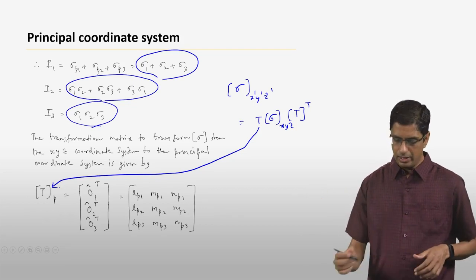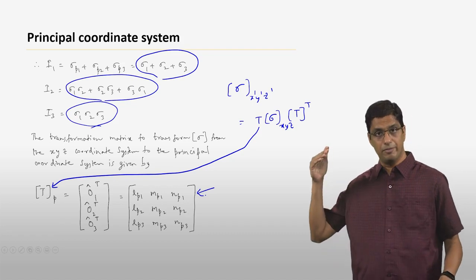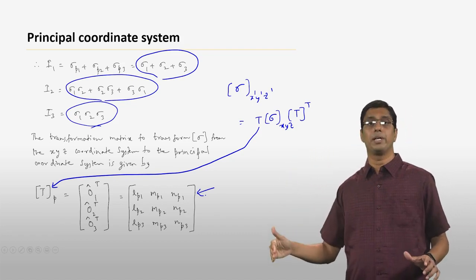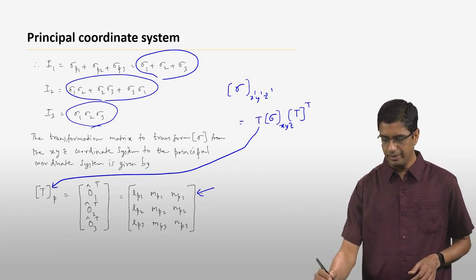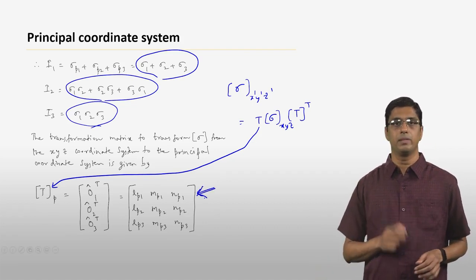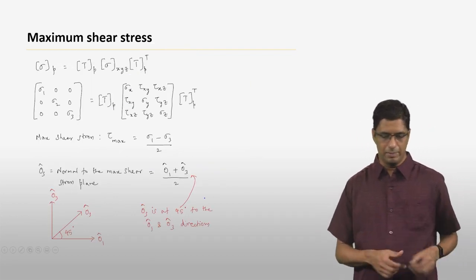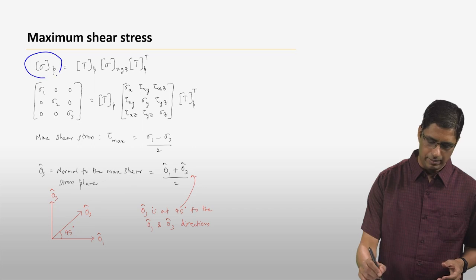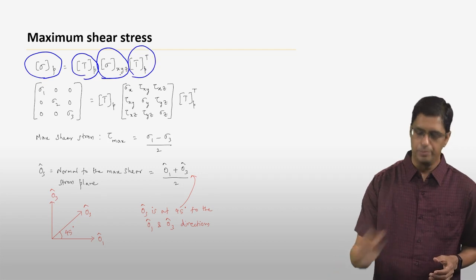So essentially, your stress transformation matrix for transforming from the XYZ coordinate system to the principal coordinate system is given by this matrix here. What I mean by that is that sigma in the principal coordinate system will be TP times sigma XYZ times TP transpose.